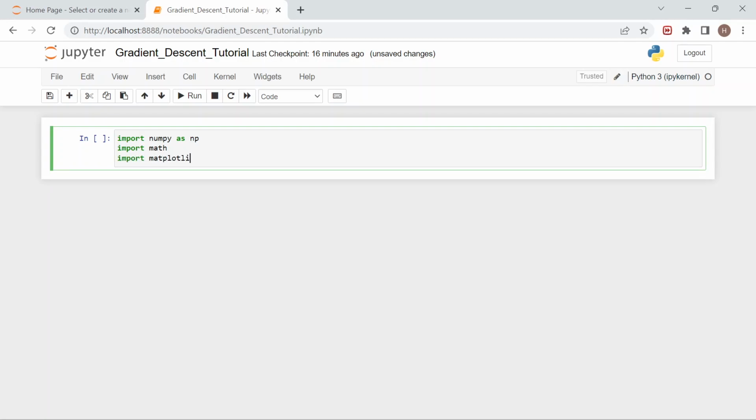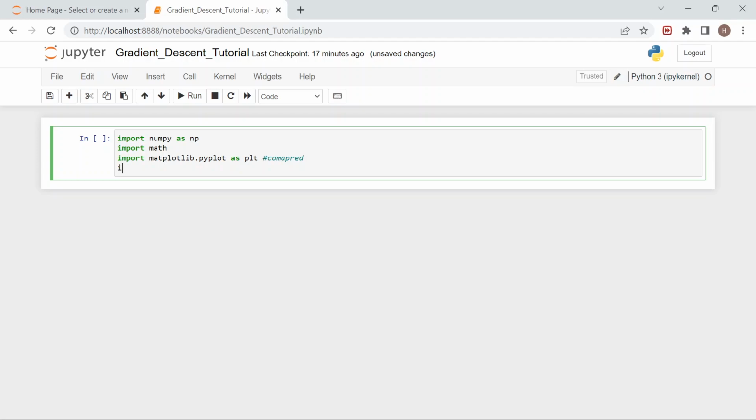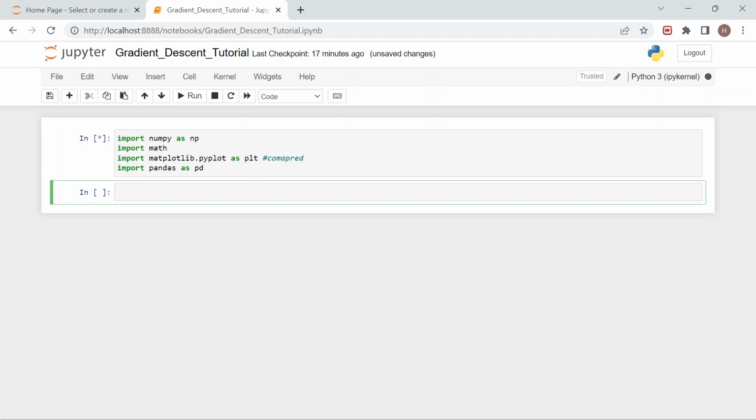Import matplotlib.pyplot as plt, so we will compare results with this function, and finally we will import pandas as pd. Honestly, you don't really need these libraries, but I just like to use some of the features they give us. So let's get to it.